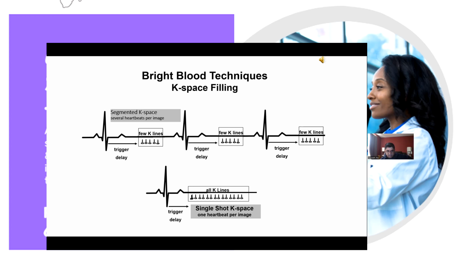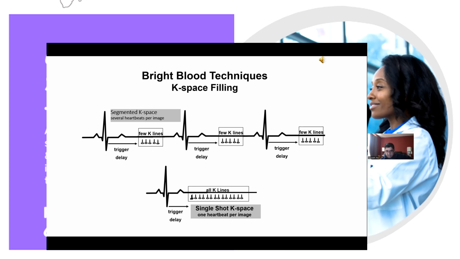So if the number of lines per heartbeat is few, it takes longer; if it's more, it takes shorter. If your phase matrix is greater, 256 as opposed to 120, you'll need more heartbeats, all things else being equal, to fill that complete matrix.